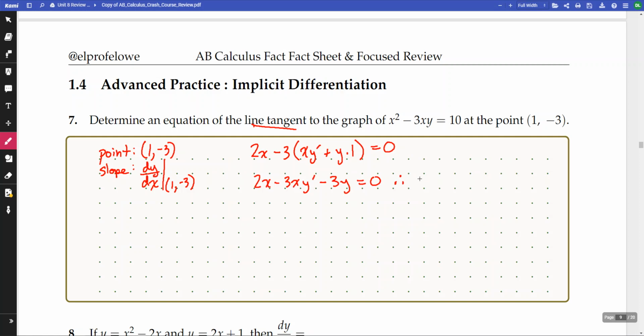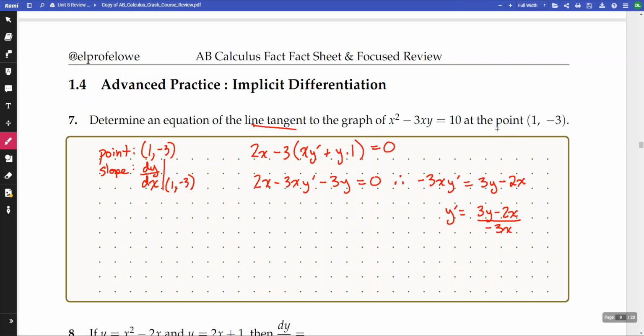So that would mean that negative 3x y prime is going to be equal to 3y minus 2x. All right, divide everything by -3. That means that y prime is going to be given by (3y minus 2x) all divided by -3x.